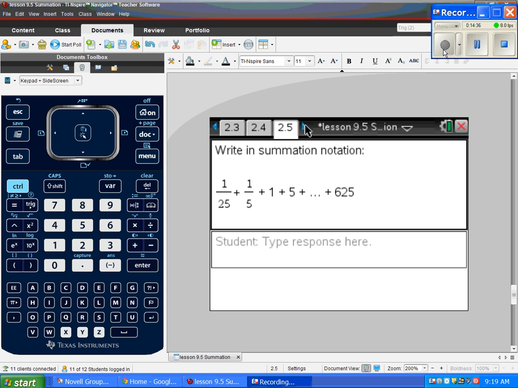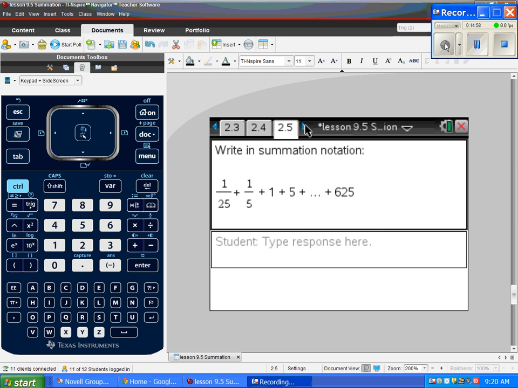So to get repeated addition, we use multiplication. Here we need repeated multiplication. We need what? An exponent. And keep in mind what a negative exponent does. What does a negative exponent do? It gives it a fraction.